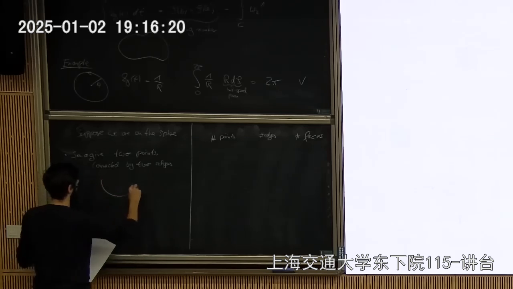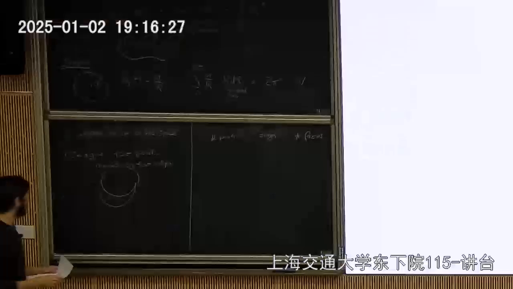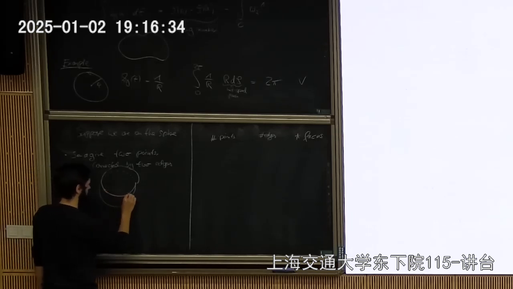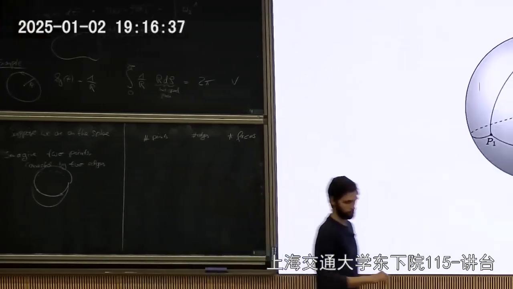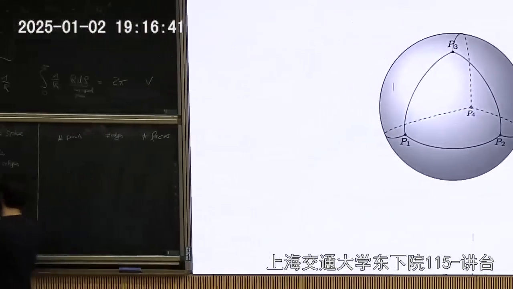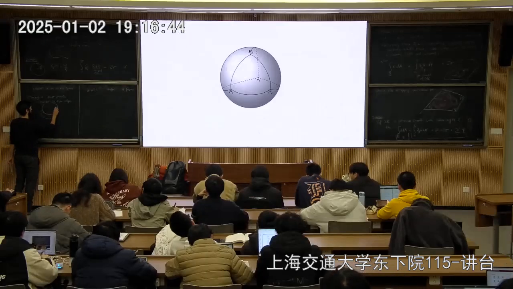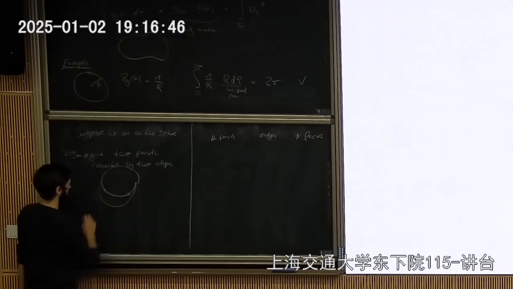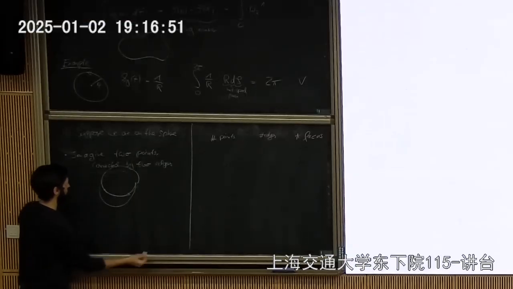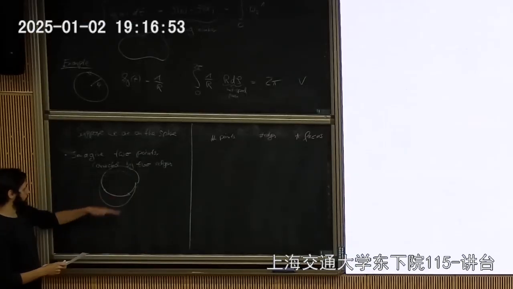So here we have the sphere. Okay, it's not a very beautiful sphere, but say we have these two points. They're connected by one edge, and then I walk around the sphere to get another edge, and then I count how many of these geometric data I have.